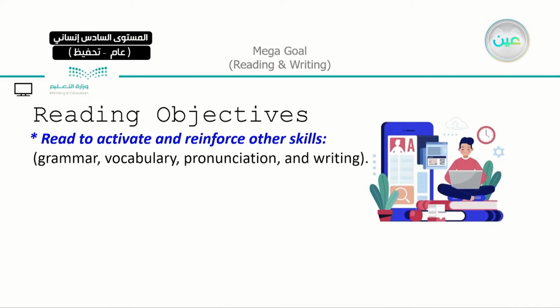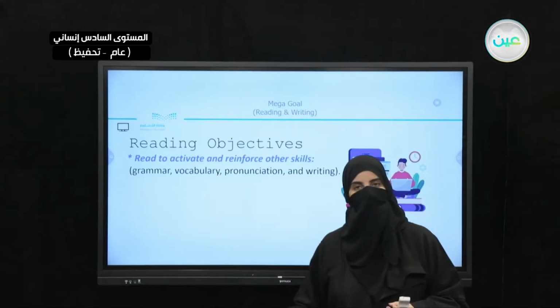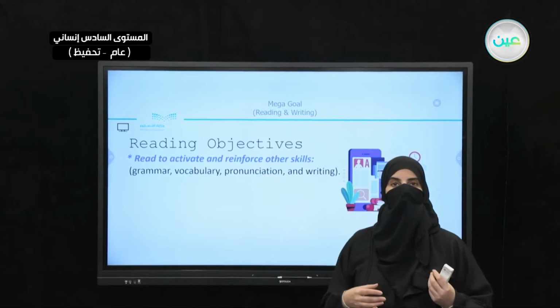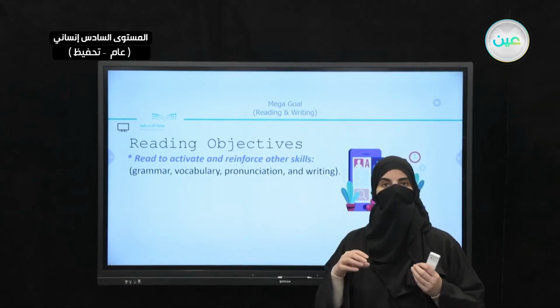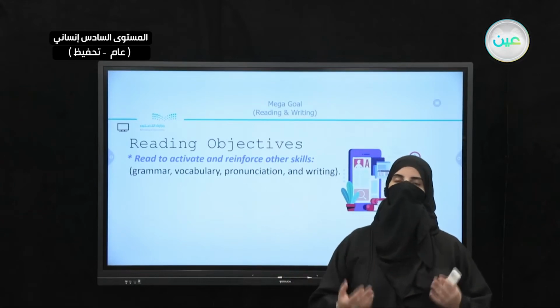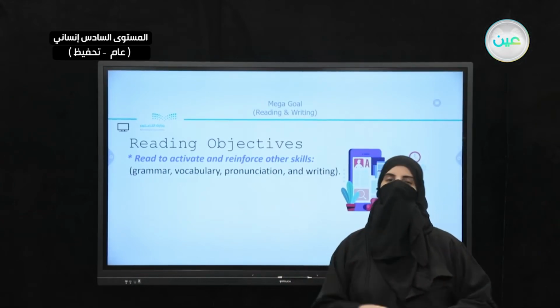Read to activate and reinforce other skills, like grammar, vocabulary, pronunciation, and writing, because when you are reading, you are practicing your vocabulary or your pronunciation. You're also writing, you are listening to the discussion, you are recognizing grammar forms or structures, and of course you are applying the skill itself, which is reading.